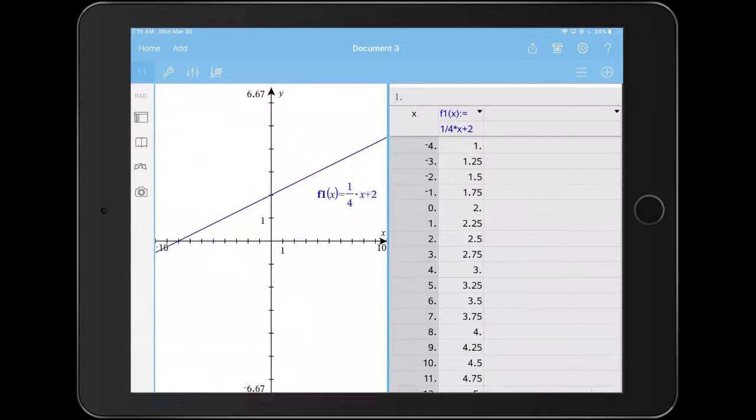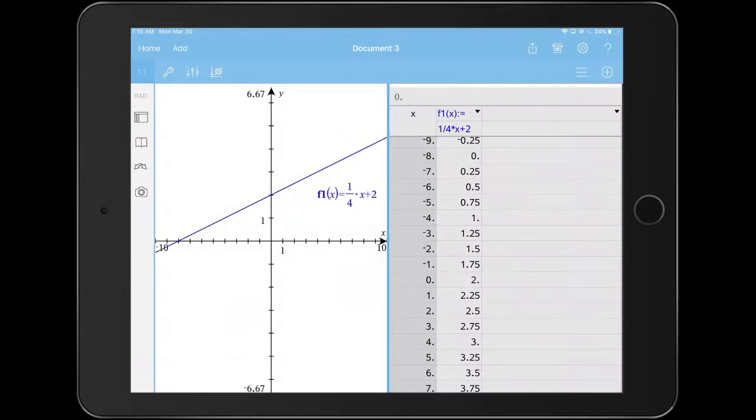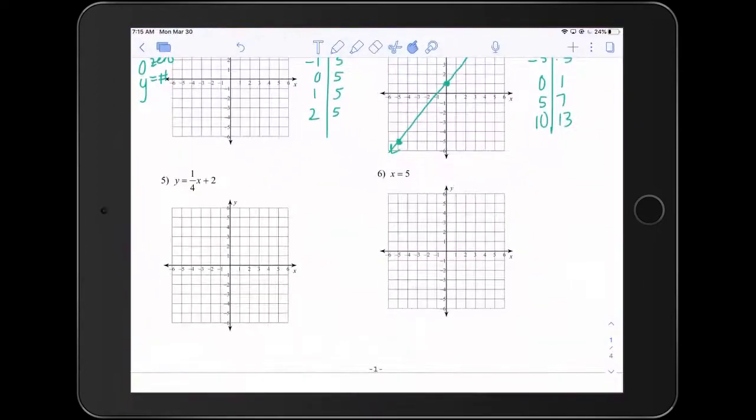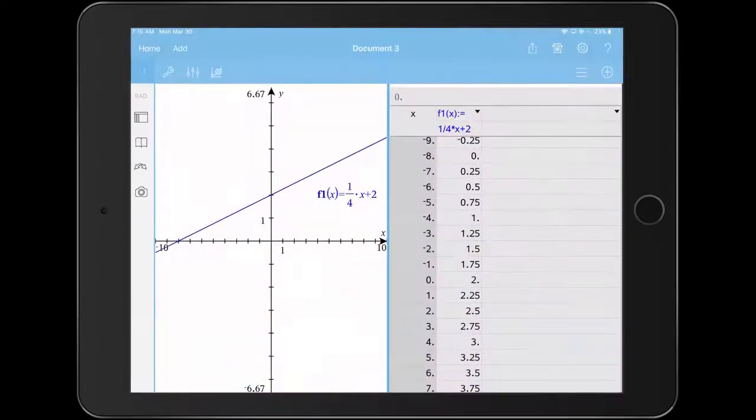I have the point negative 4, 1, negative 8, 0, negative 4, 1, 0, 2, and 4, 3. Those look like good points, so I'm going to write those down. Sometimes make sure that you have enough points on the table, like you're writing enough down. Negative 8, 0, negative 4, 1, 0, 2.